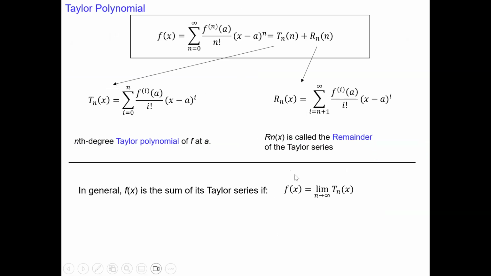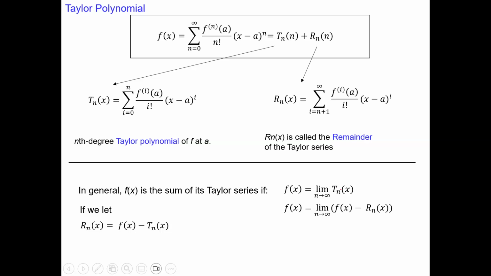In general, f of x is the sum of its Taylor series, because then n goes to infinity, that means it's a series. And the Taylor polynomial is theoretically the entire function f of x minus the remainder, because this is just the polynomial.